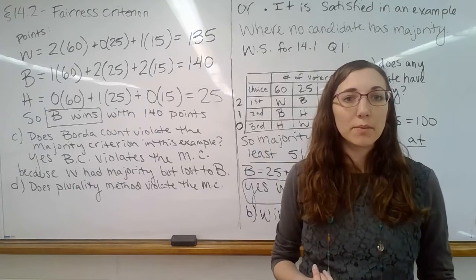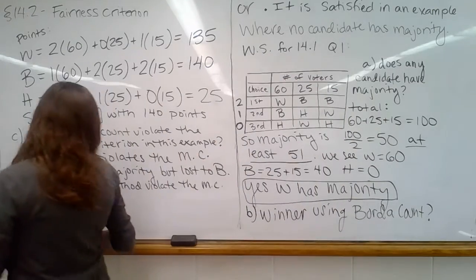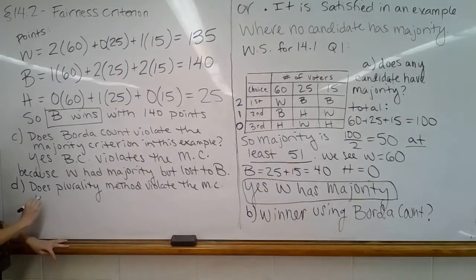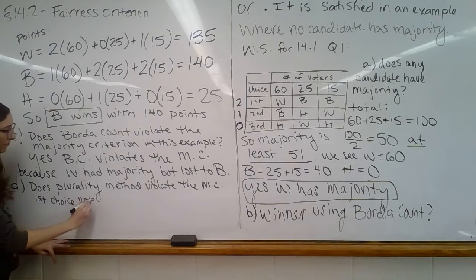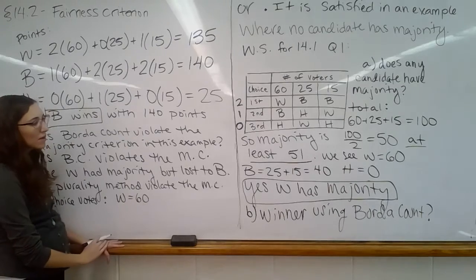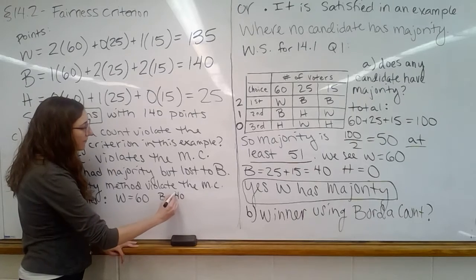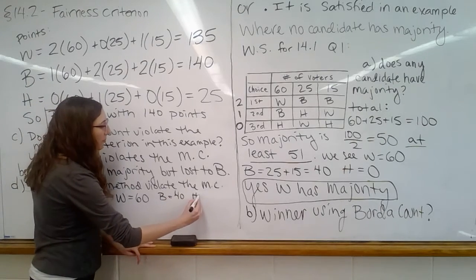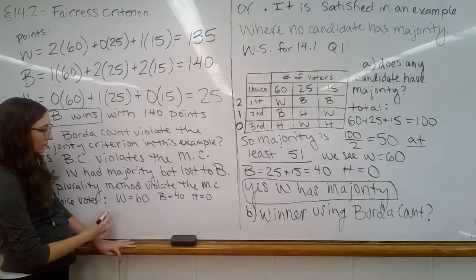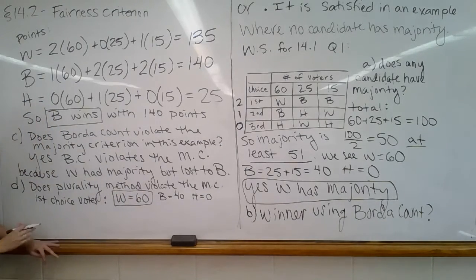Well, plurality, remember, just meant most first choice votes. So when we do the plurality method, we look at those first choice votes, which we actually looked at over here. We saw that W had 60. We saw that B had 40. And we saw that Ham had 0. So then the winner would be whoever has the most, which would be W in this case.